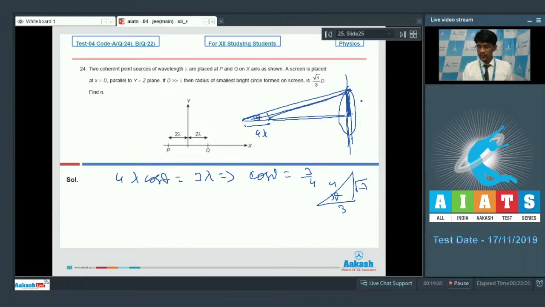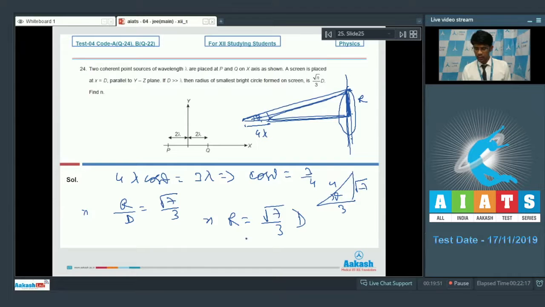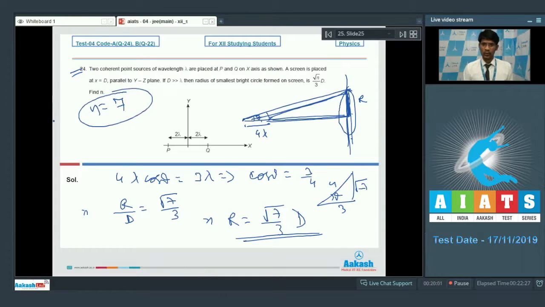So now if this is the radius r that is required for this calculation, this being D, simply r divided by D is equal to root 7 by 3. Or how much is the value of r here? It is root 7 by 3 into D. Comparing this answer with the one provided here in the question, value of n is coming out to be n is equal to 7. That's the answer for question number 24.